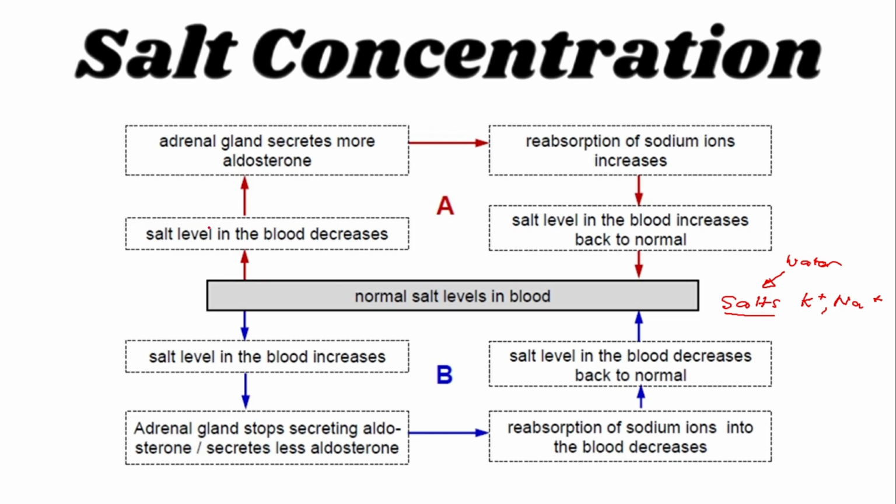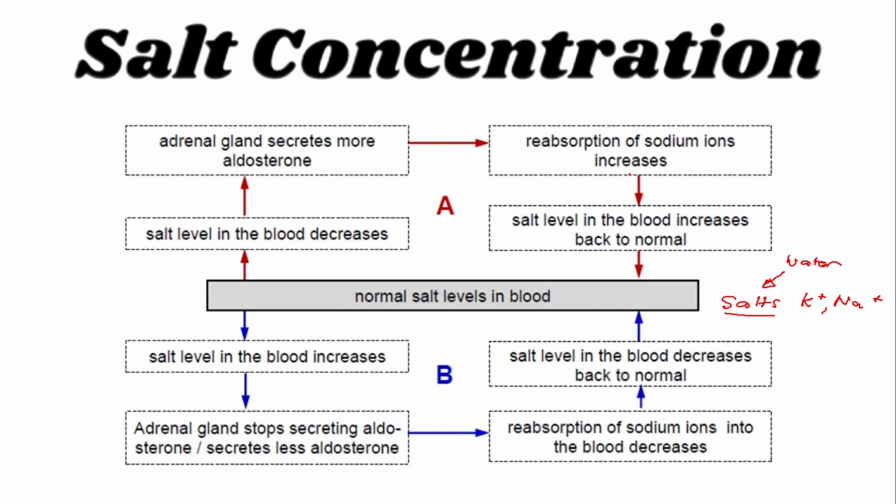Now, what would happen if salt level in the blood decreases? Okay, the adrenal gland will secrete more aldosterone because now obviously there's a lack of salt in the blood, and then reabsorption of sodium ions increases.